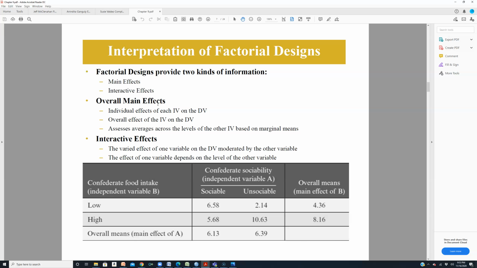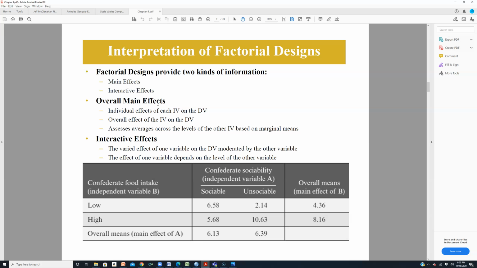Does my food intake change whether I have a sociable peer or a non-sociable peer? That's one research question, and the main effect is the answer to that research question. The other variable is food intake. Does my food intake differ when I'm with a peer that eats more or eats less? That's my other research question.